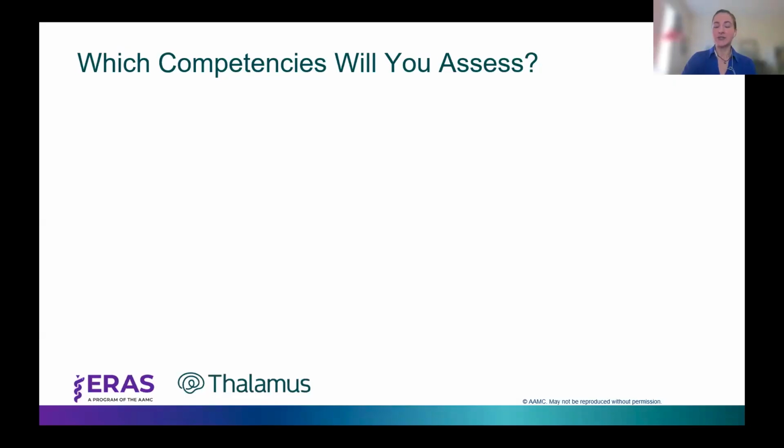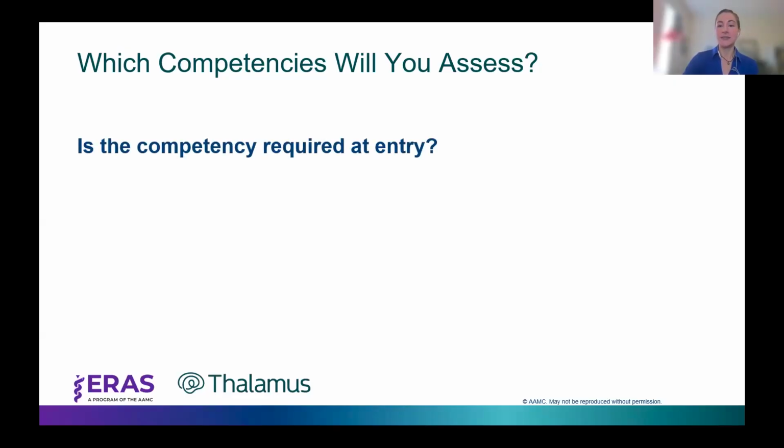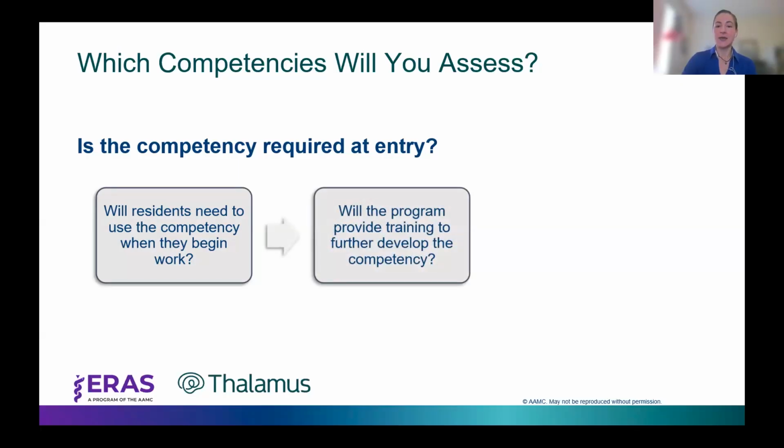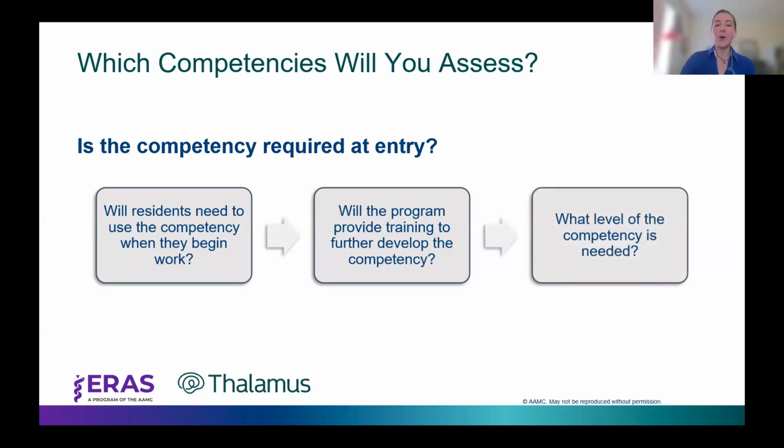So here are some questions to help you prioritize. What are the competencies needed when a resident enters the program? In other words, do residents need this on day one? Is this something they can or will develop once at your program? Is this something your program will train them on? And what minimum level of ability is required to be successful?